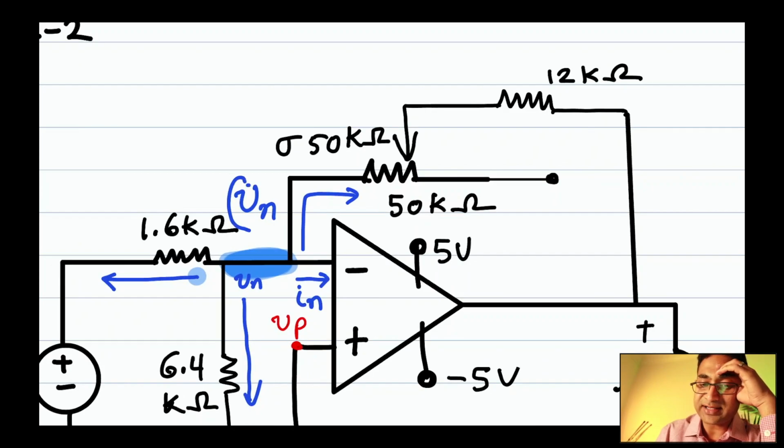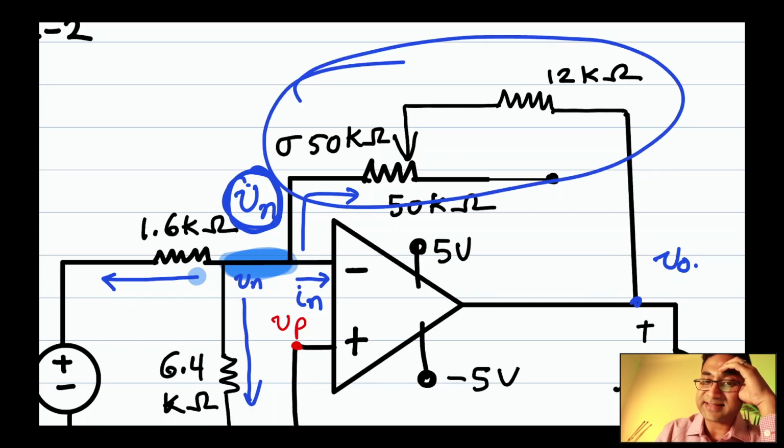The current in this branch is Vn minus Vo divided by this resistance.